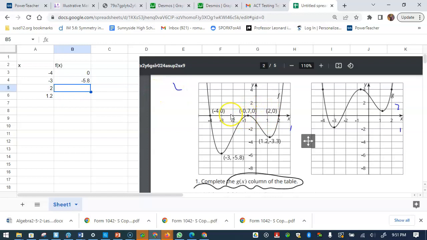Then -0.7, then 1.2, and then 2. So for -0.7 it is 0. That's on the x-axis. 1.2 is right here, which is my -3.3. And this one is 2 comma 0, so let's put 0.